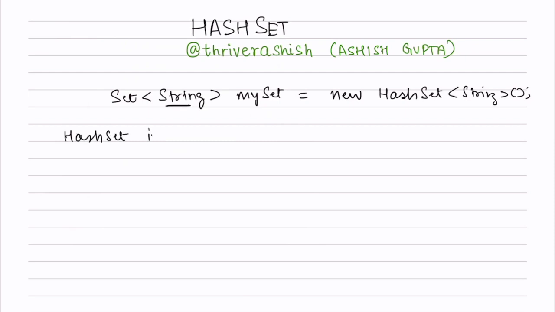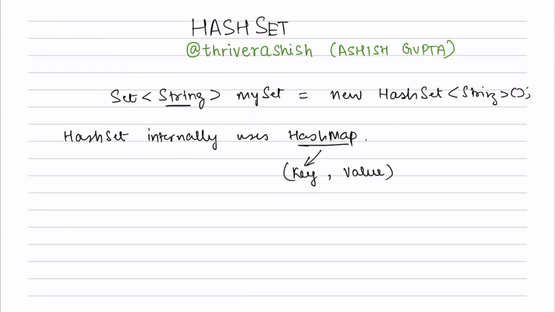But you might be aware that HashMap stores key value pairs, right? And in HashSet there are only values, no key. So how does it actually happen?